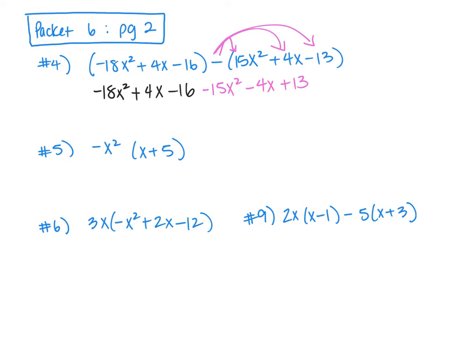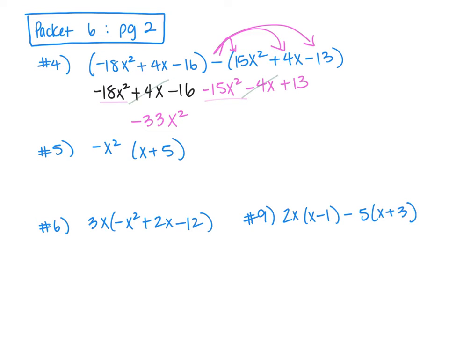So then I'm going to combine like terms here. The x squares will combine. That's a negative 18x squared added with a negative 15x squared, which gives me negative 33x squared. So remember, we don't combine the exponents. We just combine the coefficients. And then we have a 4x and a negative 4x, so those will actually cancel.